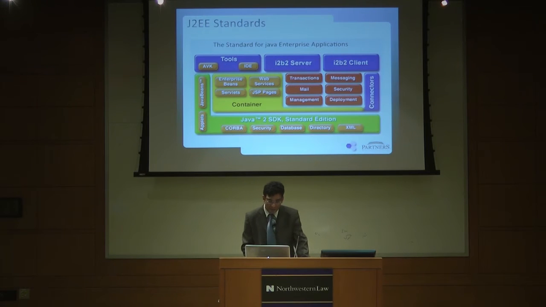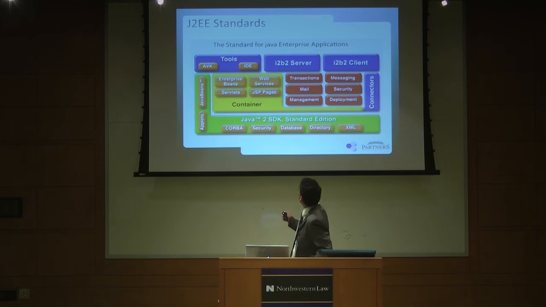Okay, I'll just go over which of the J2EE standards we're going to actually use. The CRC does stuff with EJBs and Java messaging, JMS, so that's within the enterprise business.